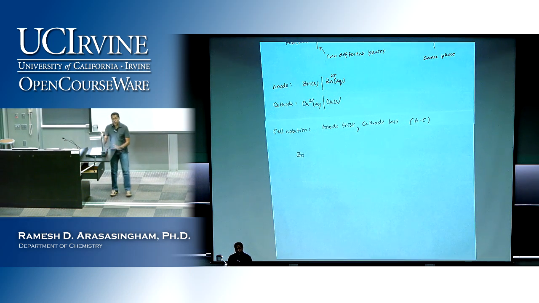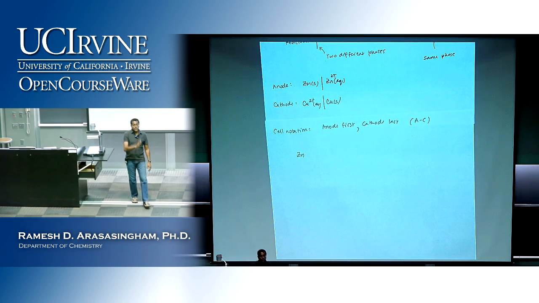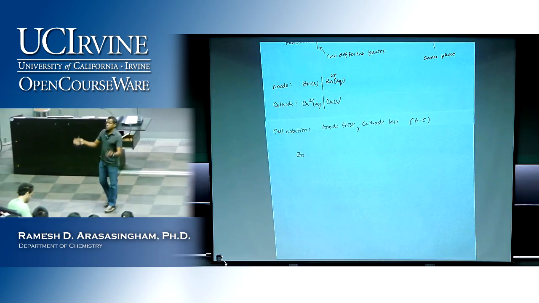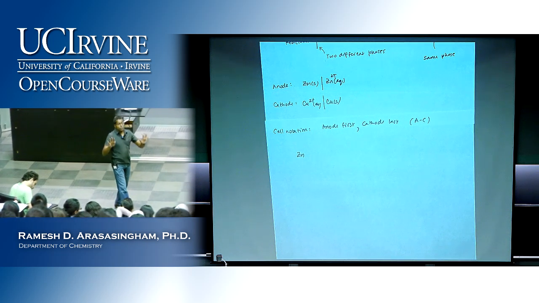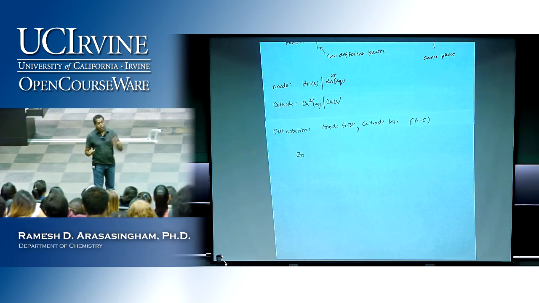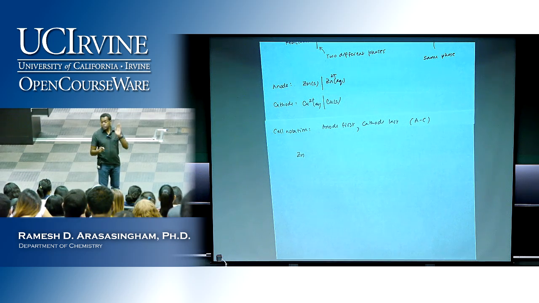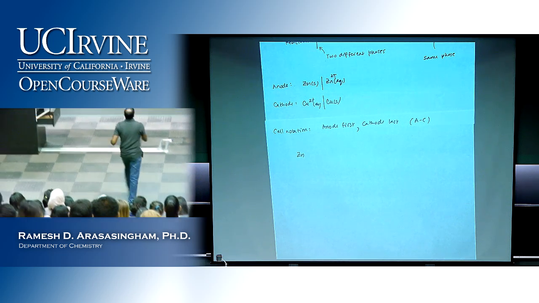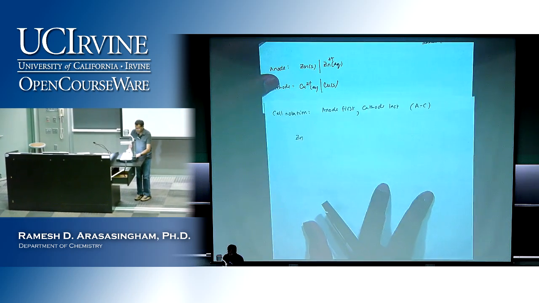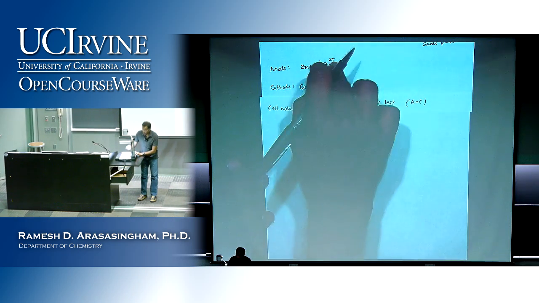Remember, with the redox couple, it's always the oxidized form, diagonal sign, reduced form. When you draw the symbols for the electrodes, the notation, it's always reactant first, product, and if there's a phase change, you put a vertical line between them. Now, if I combine them to give the cell notation, you start with anode, and you know the anode is that.